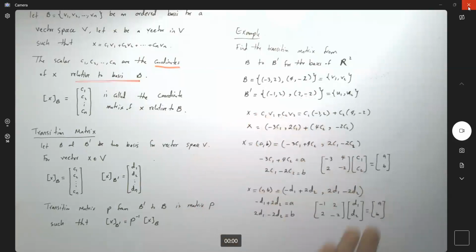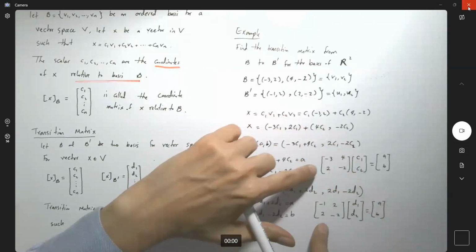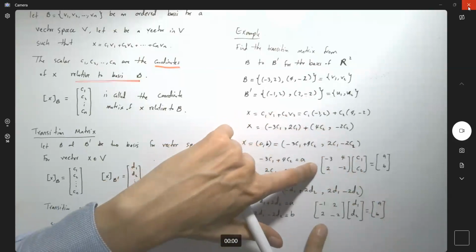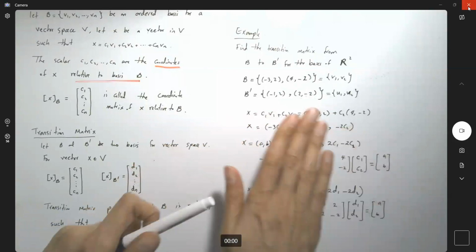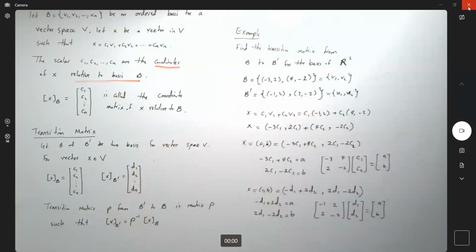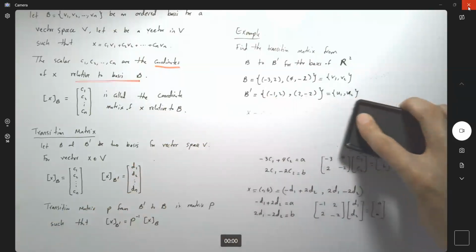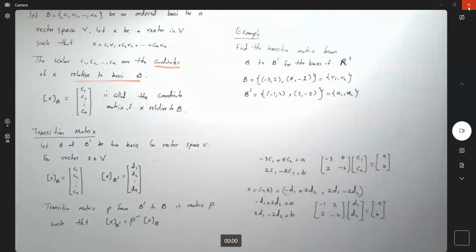Instead of writing it this way, you can combine the coefficient matrices. I'm going to erase this part of the board and write them all down here.